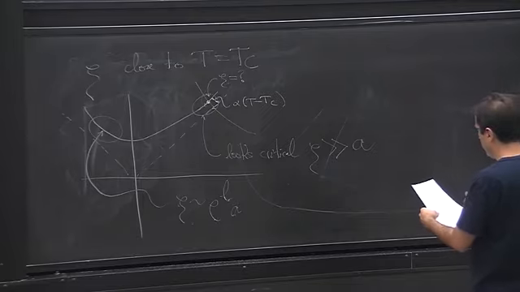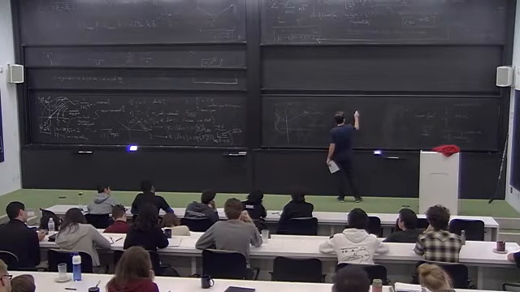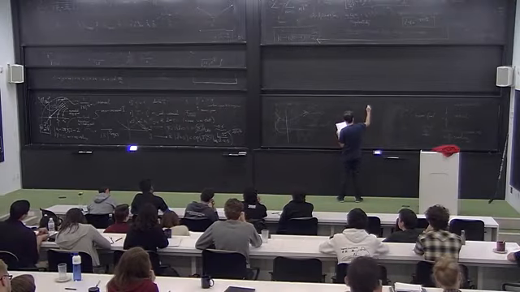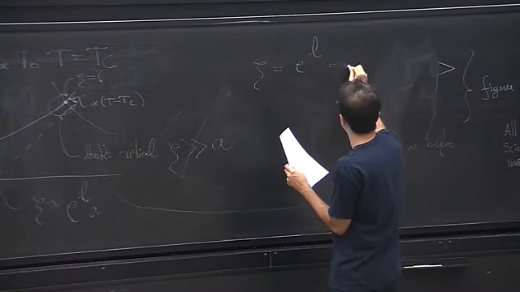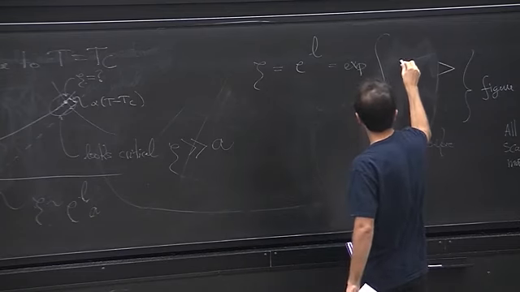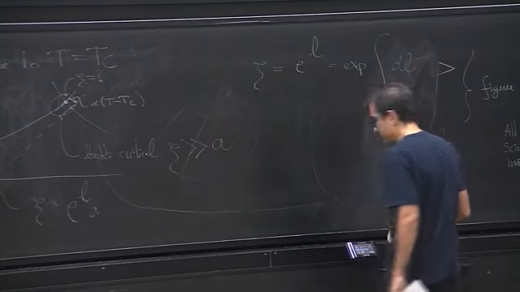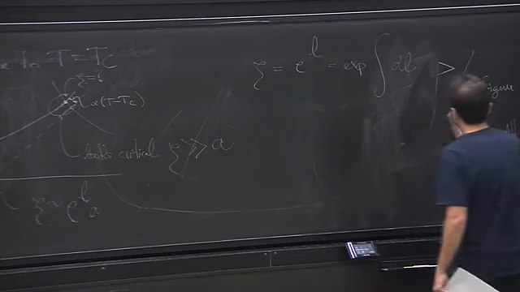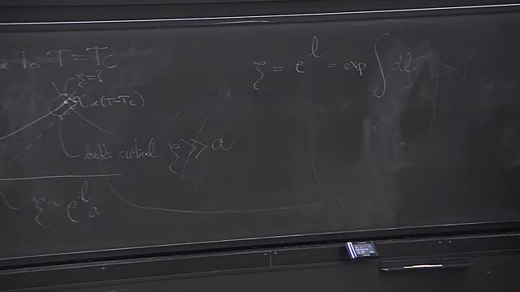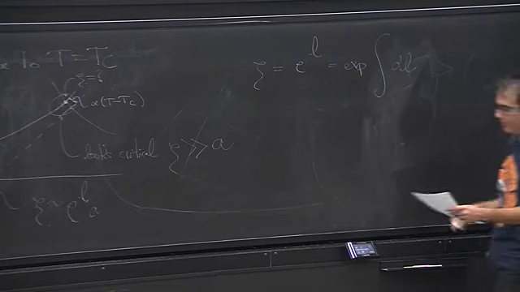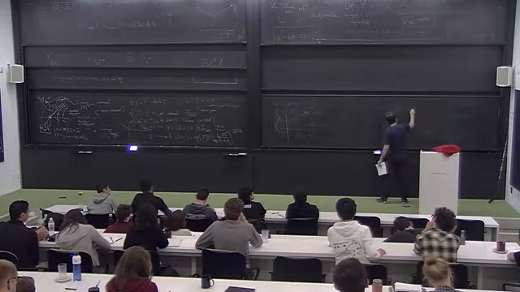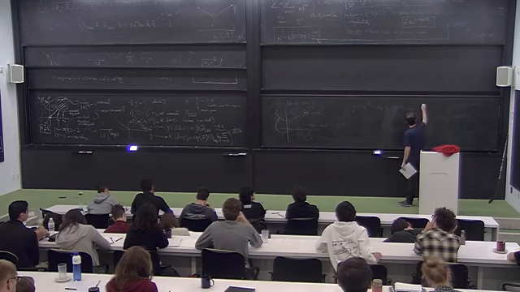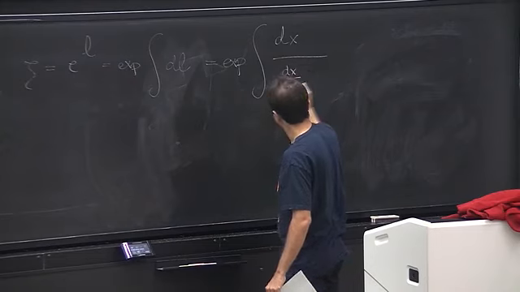So that's an estimate of the correlation length, to see how it scales. We say that xi is just some e to the l, which is the exponential of the integral of dl, which is just how much I make a dilatation. And then I use the fact that I know my flow. I can write that this is the exponential of the integral over dl of dx over dx dl.